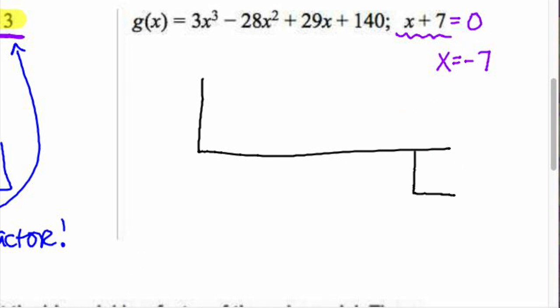Okay, so remember in synthetic division and synthetic evaluation, you always divide by what x equals. So x equals negative 7, so that's what I'm going to put right there. One of the big places where we continue to make a mistake is forgetting our placeholders. So take a look here, 3, 2, 1, and then constant. So we do not need any placeholders for this one. We're good. We'll just grab our coefficients.